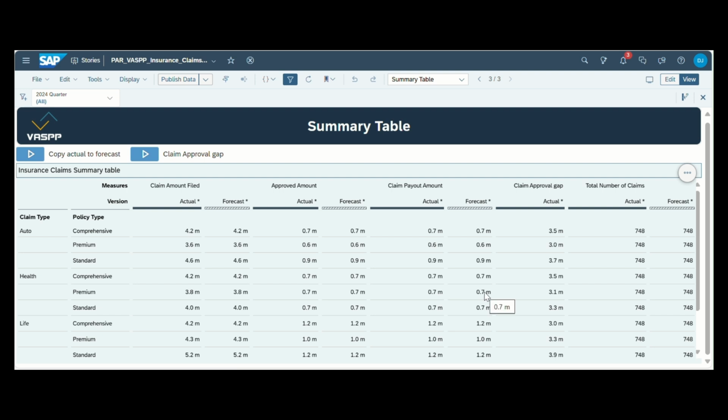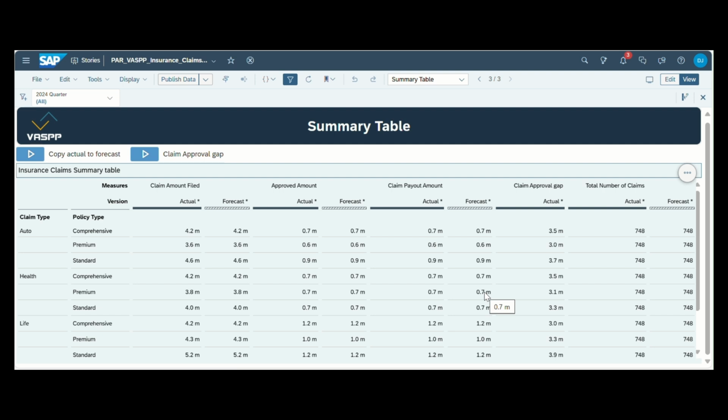That's operational consistency. But if you were to see a growing claim approval gap in a future refresh, say, filed claims rising without a proportional increase in approvals, it would signal policy design issues, documentation complexity, or workforce strain. And that's exactly what this table helps you catch early.